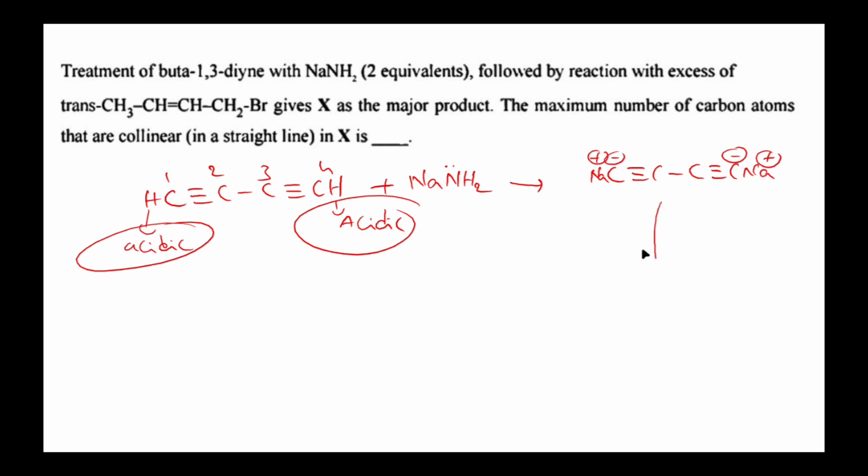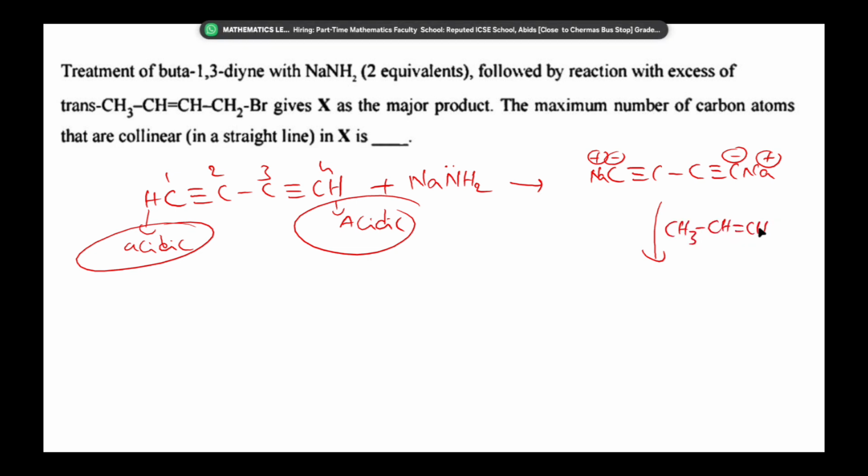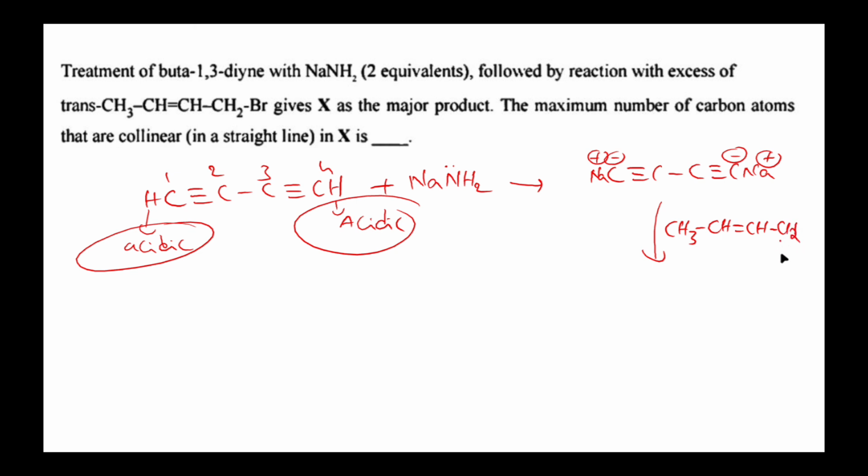Then further it is treated with 1-bromo-2-butene, that is CH3 CH double bond CH CH2Br. This Br- will leave. The negatively charged carbon will attack this carbon, so here an SN2 reaction takes place.